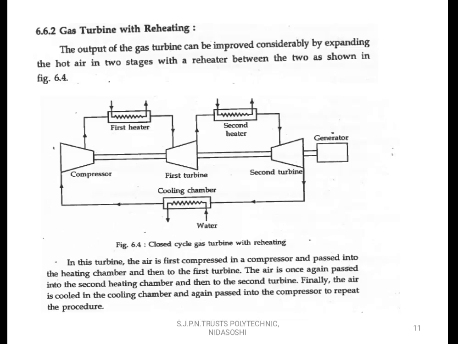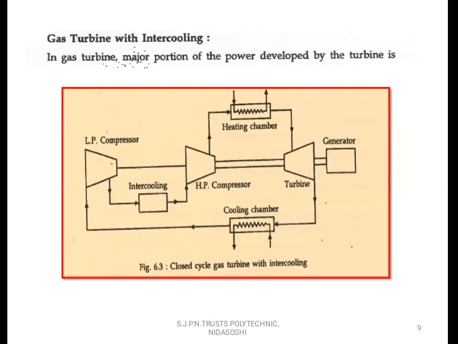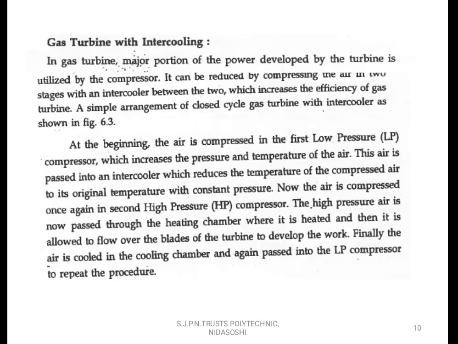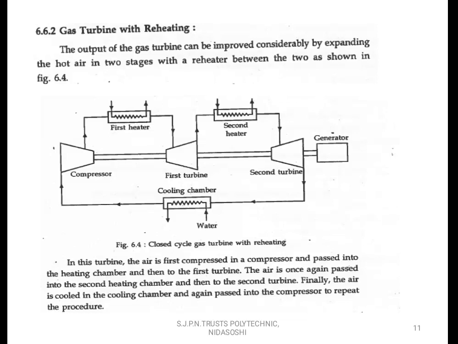Now next we will discuss one more question, that is, explain the closed cycle gas turbine with reheating. In the previous question we discussed the gas turbine with intercooler. Here, if we compare the intercooler schematic diagram and this reheater diagram, two compressors, a low pressure compressor and a high pressure compressor, are used.